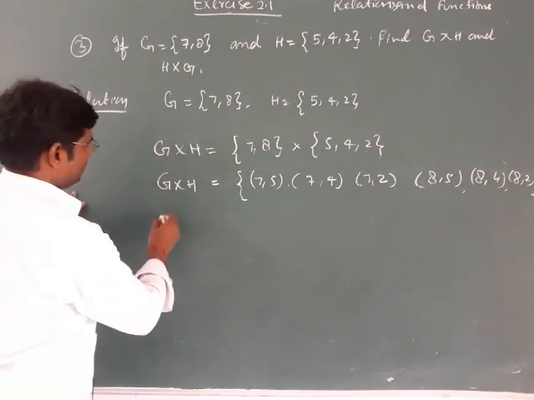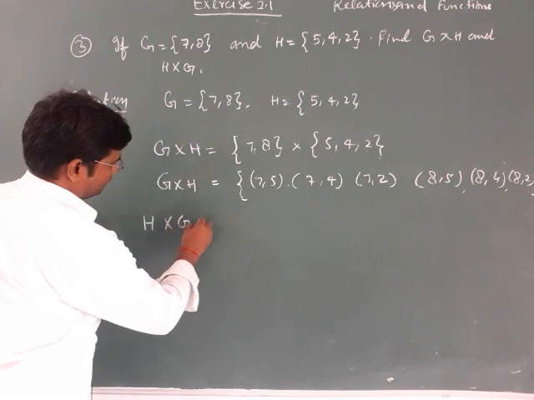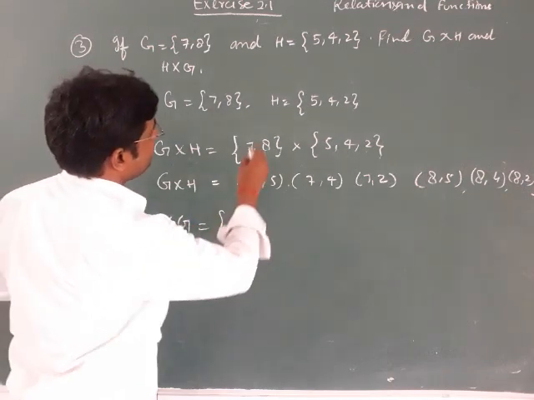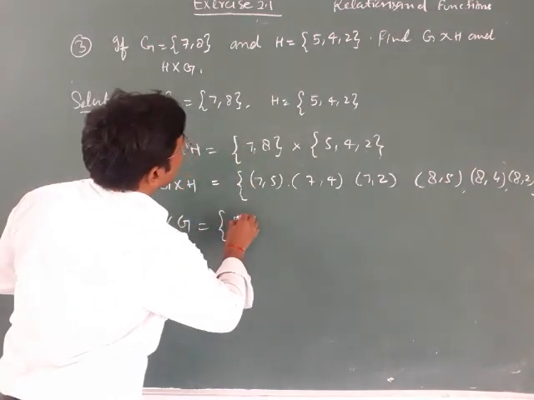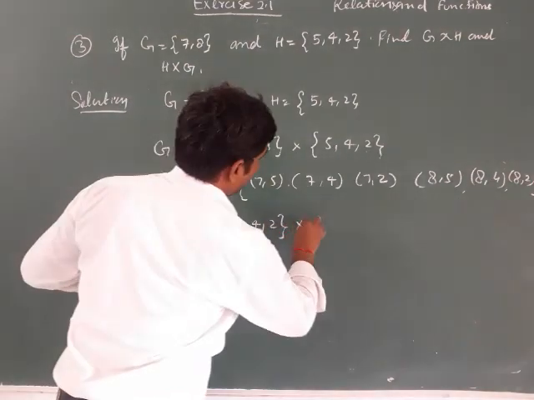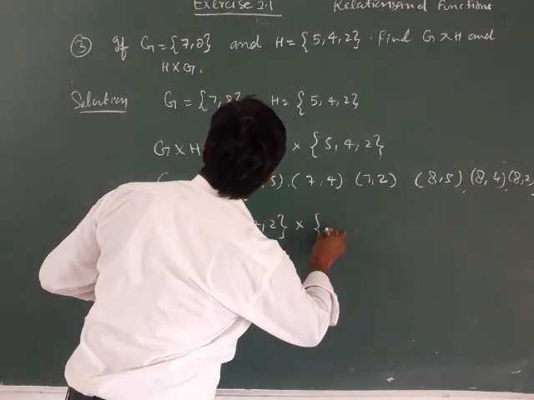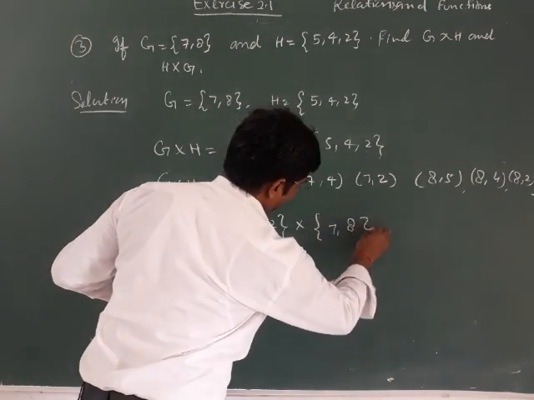In the same way we find H cross G. So H has elements 5, 4, 2 and G has 7, 8.